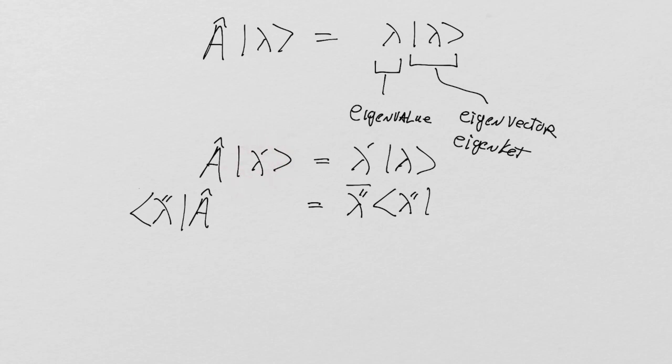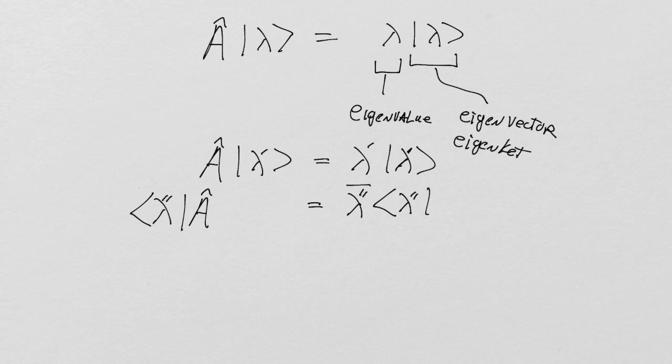By abstract definition, in the operator formalism of Dirac notation, this is an eigenket of A, just because you see it laid out in this fashion as an eigenvalue equation. Oh, I'm missing a prime here. Let me put that prime in. So this is one eigenket, lambda prime.